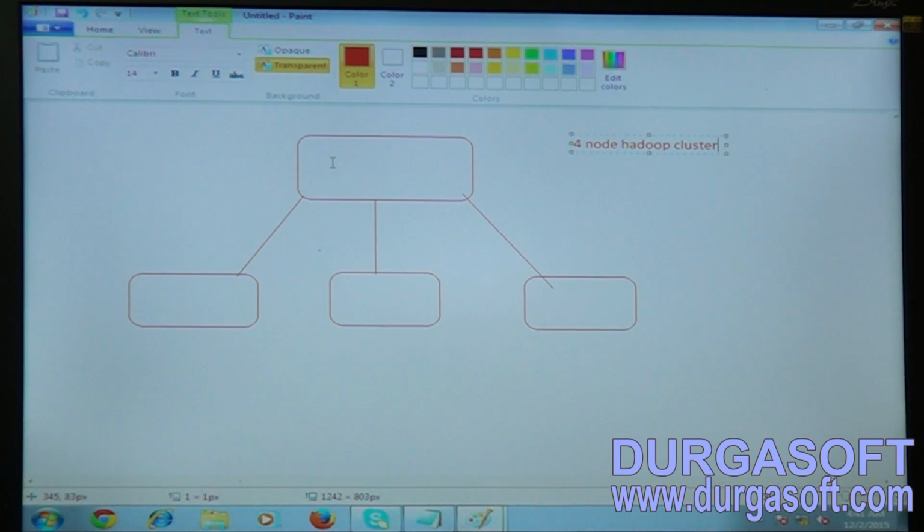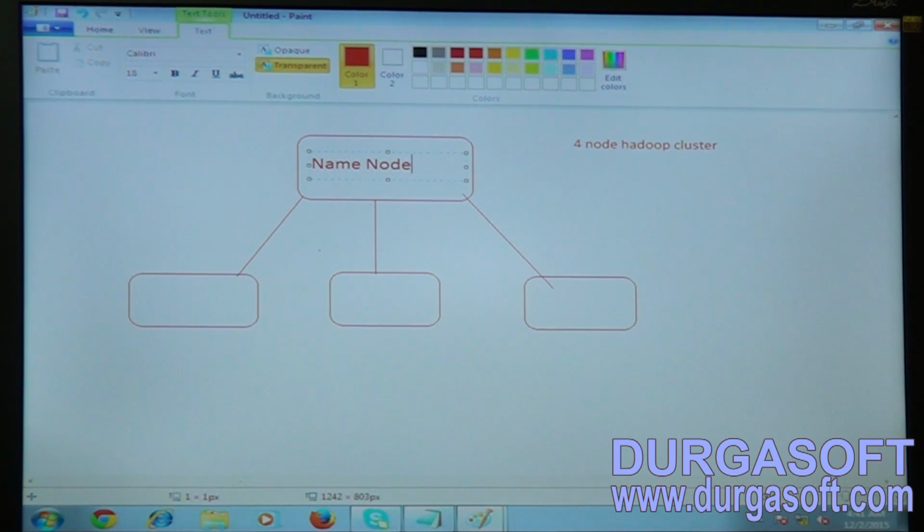A four-node Hadoop cluster. Here we call this one a name node, instead of master node.